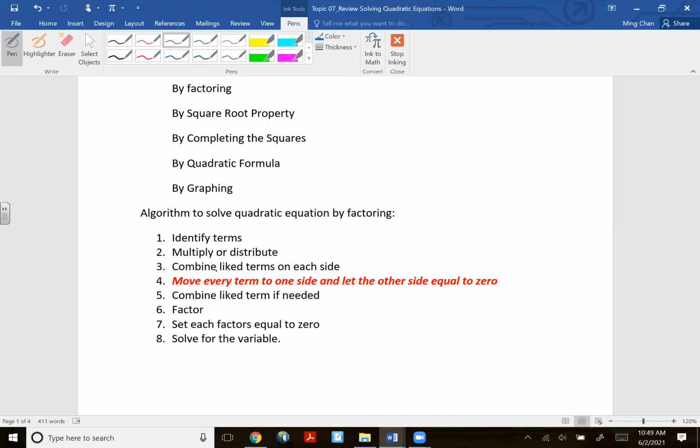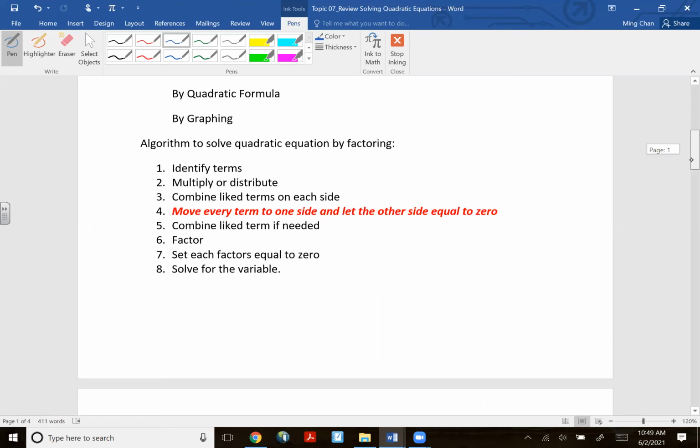We have to make sure the x squared term is positive. So if you have a negative x squared term, you move everything to the opposite side. So you move all the terms to the side where your x squared term will be positive. Combine like terms if you need to, then factor. Once we factor, we set each factor equal to 0 and solve for the variable. So very similar to what I did in the previous topic.